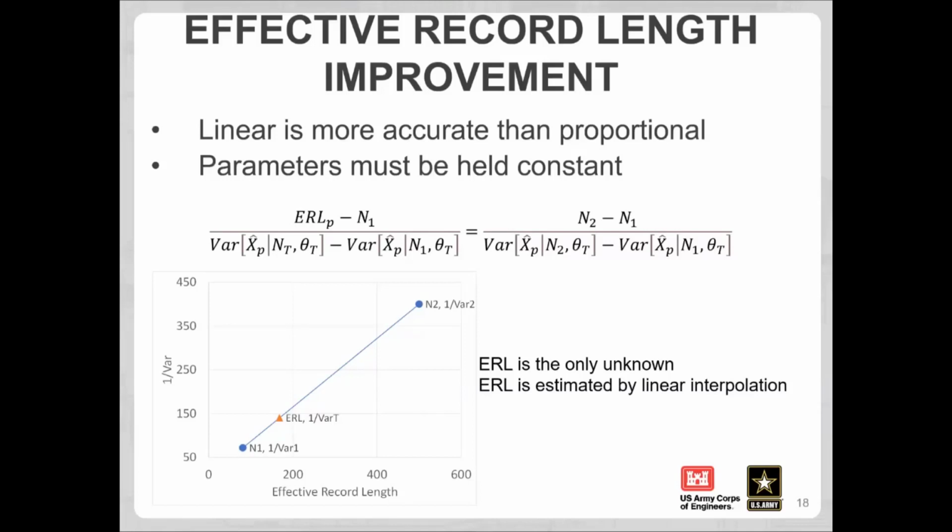And then we know the variance for our data from our frequency analysis. So the only unknown in this plot here on the bottom left is the ERL for our data set, right? We can assume an N1 and N2. We can calculate the variance 1, variance 2, and we know what the variance is for our data at a given AEP. So it's just a simple linear interpolation to get an estimate of the ERL. Go to the next slide, Mike.